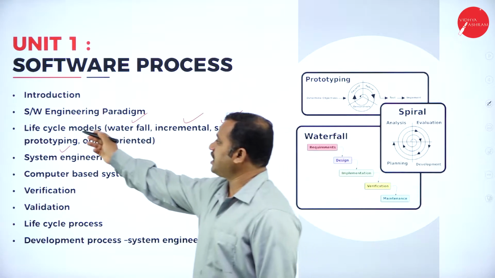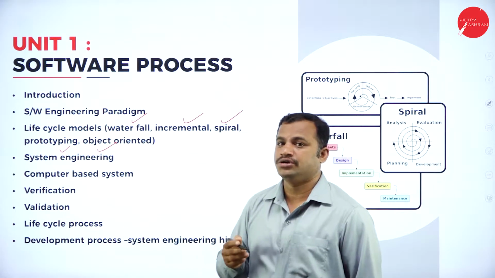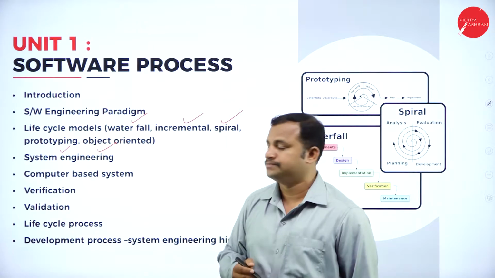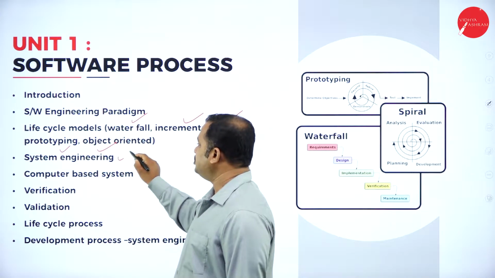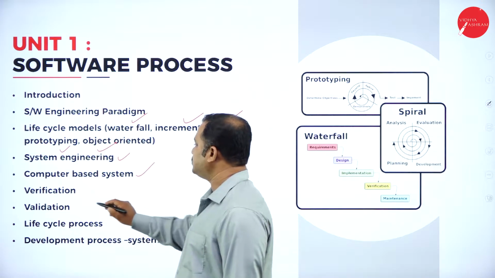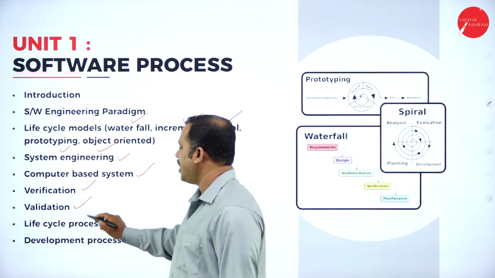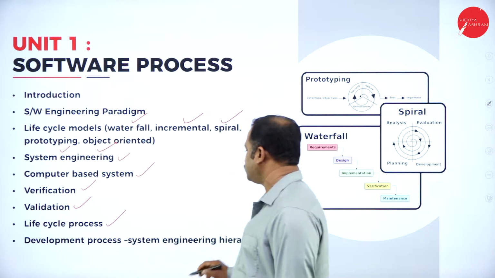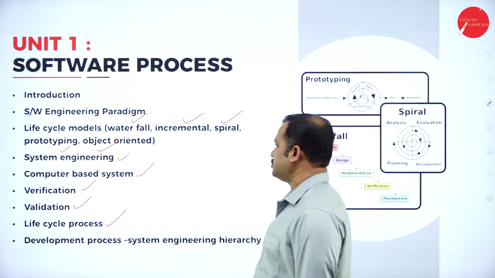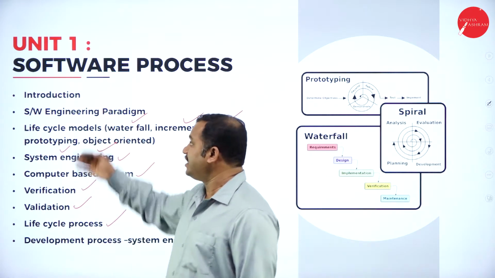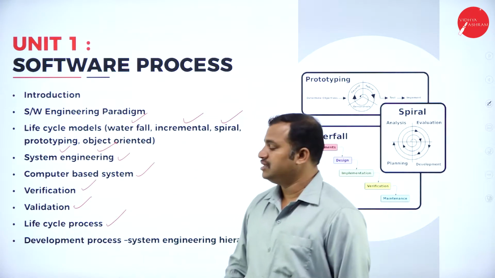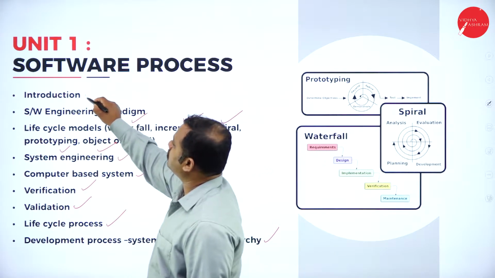These are the life cycle models which you will come across in your software development life cycle. Then system engineering, computer-based system, verification, validation, life cycle process, then development process. If I go on listing like this, you will come across the introduction to the software process.